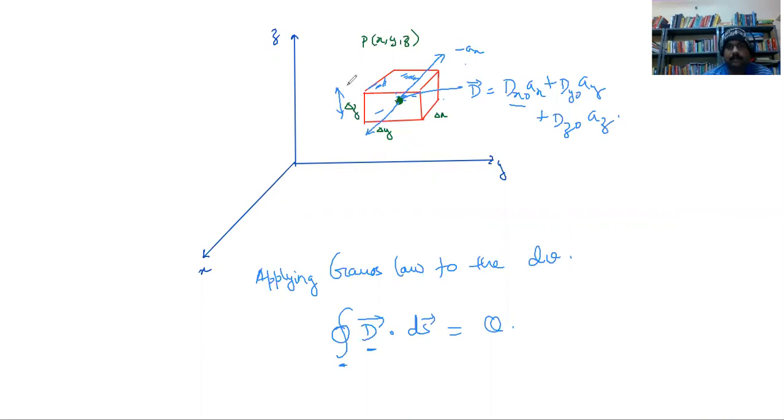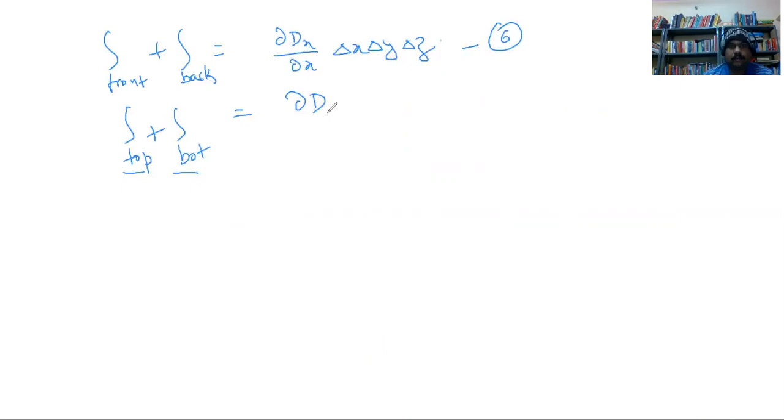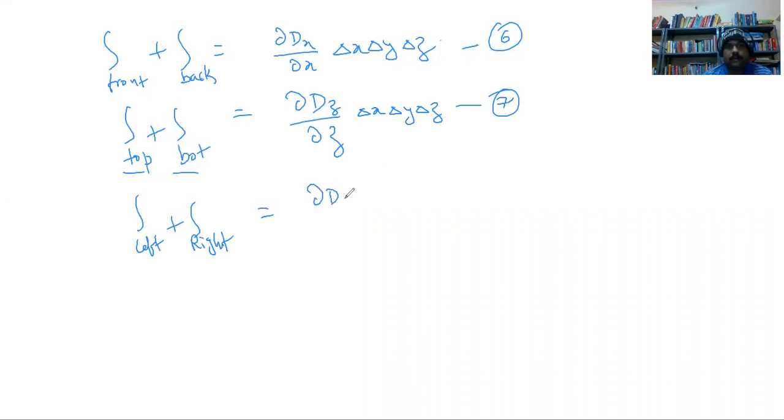The axis is z axis now. So this becomes dou dz by dou z delta x delta y delta z. So similarly, left and right. If you solve this, you get the variation in y axis, delta x delta y delta z.